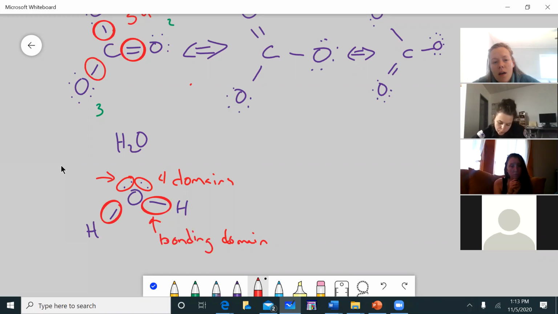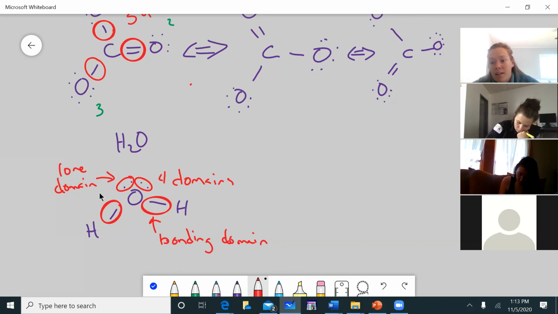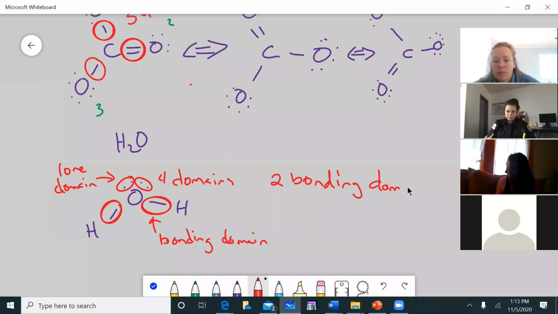These are lone pair domains, or areas of negative electrical charge on the central atom, but they don't have a partner. So we want to be able to separate these out into bonding domains and lone pair domains. So water, for instance, has 2 bonding domains, and it also has 2 lone pair domains.